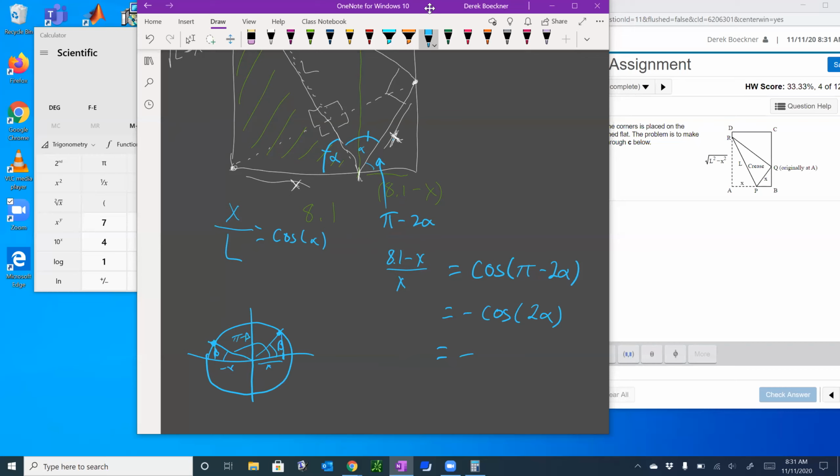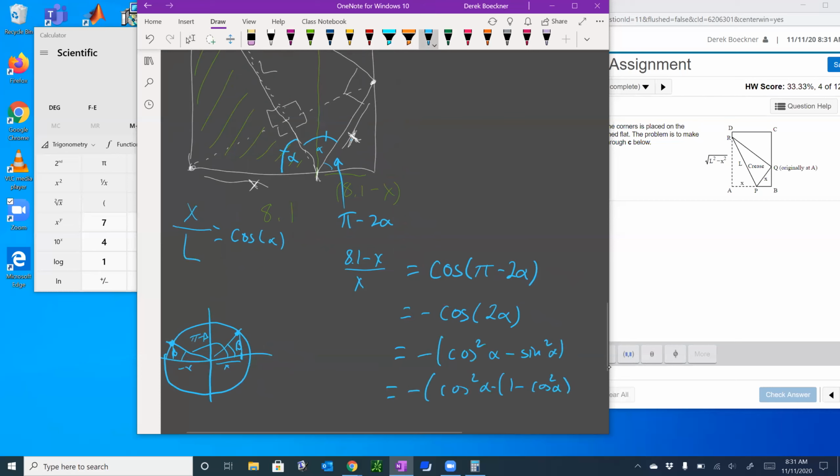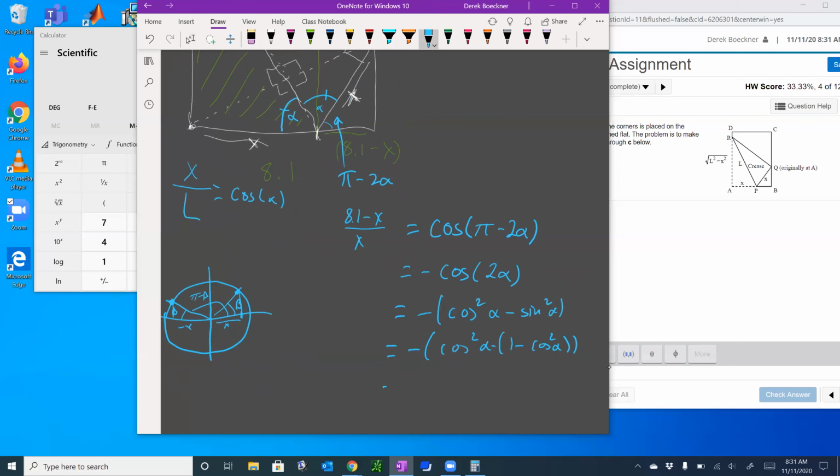Cosine of 2 theta is equal to cosine squared minus sine squared, which is also so there's a minus on the cosine.